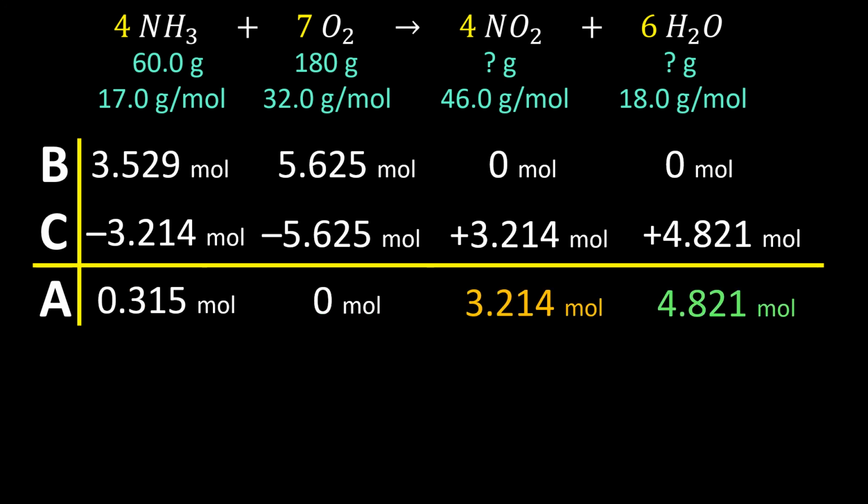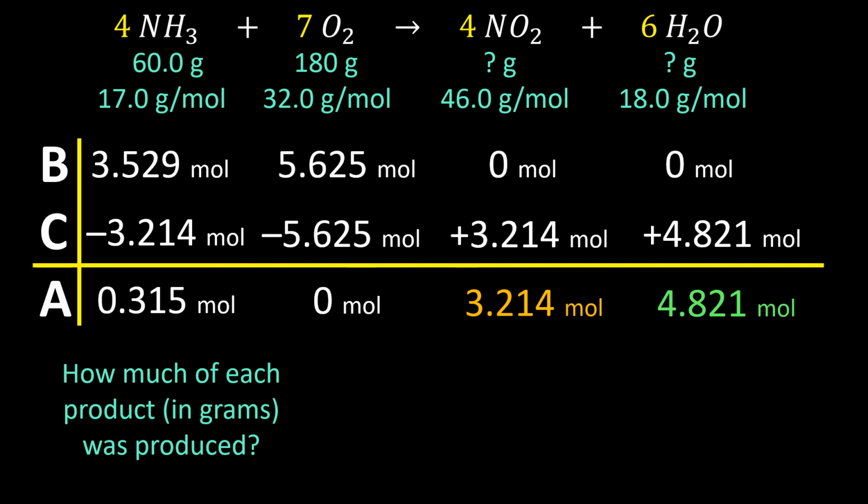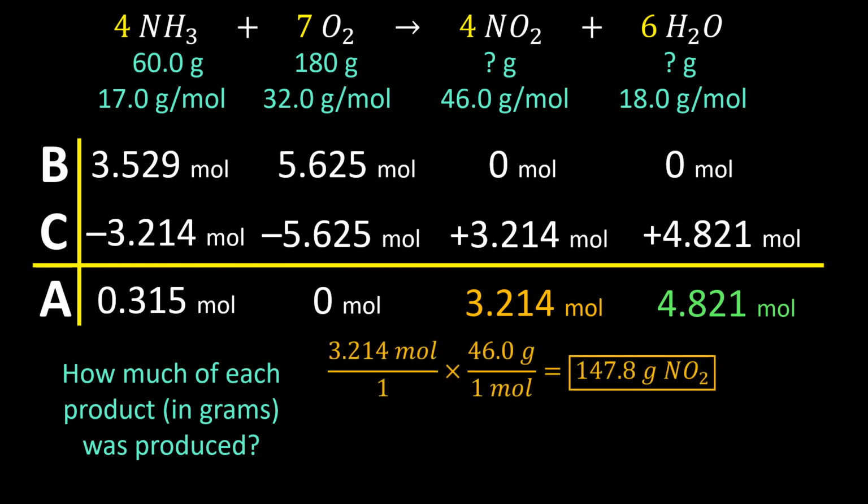And finally, my last question is, how much of each product in grams was produced? From my BCA table, I can look at the number of moles that was produced of each product, and I can convert those to grams using the molar mass. So I'll start with the 3.214 moles of nitrogen dioxide, multiply by its molar mass to find that 147.8 grams of nitrogen dioxide was produced in this reaction.